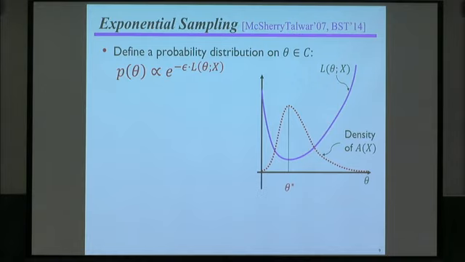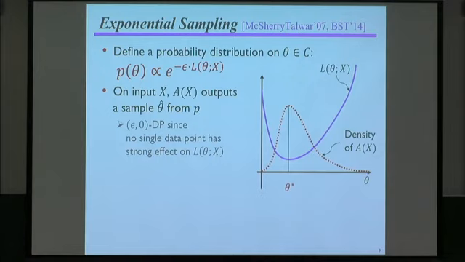Essentially, this is not exactly finding the maximum likelihood estimator, because what I'm going to output is a sample from this distribution, right? So this corresponds roughly to, in this case, a not quite well posed Bayesian inference problem.